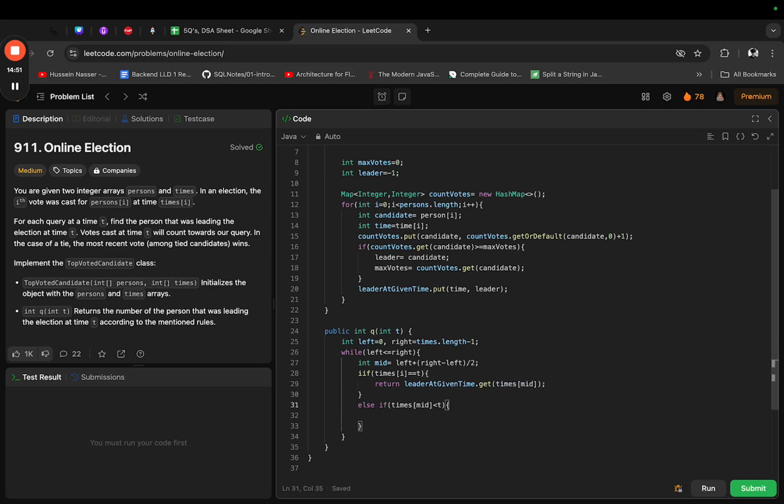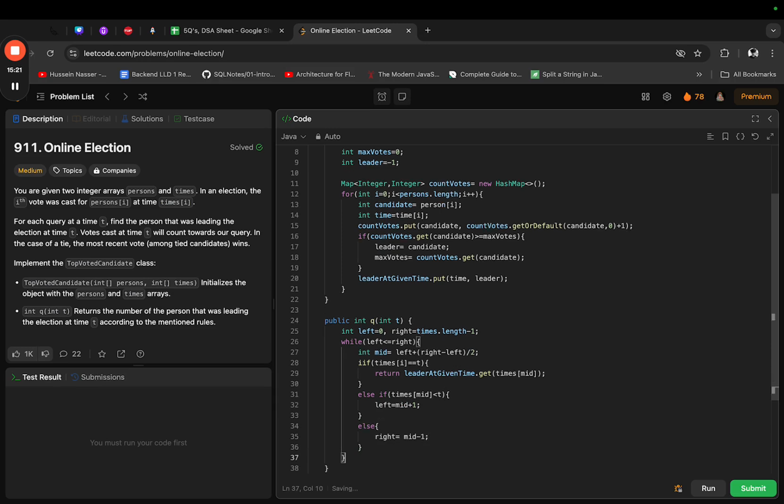Okay, then see, times of mid is less than t. So at a particular time, if times of mid is less than t, then we have to move the left pointer to mid plus 1, right? So that is the reason mid plus 1, and else right equal to mid minus 1.